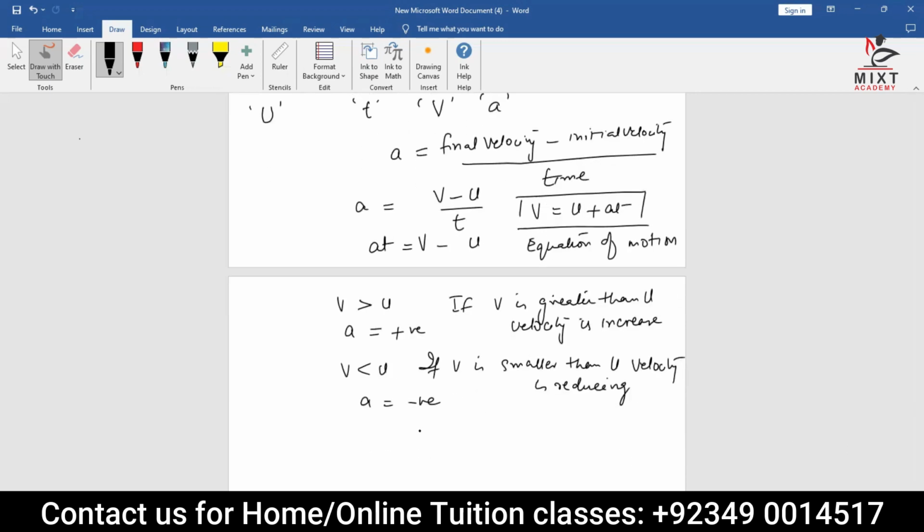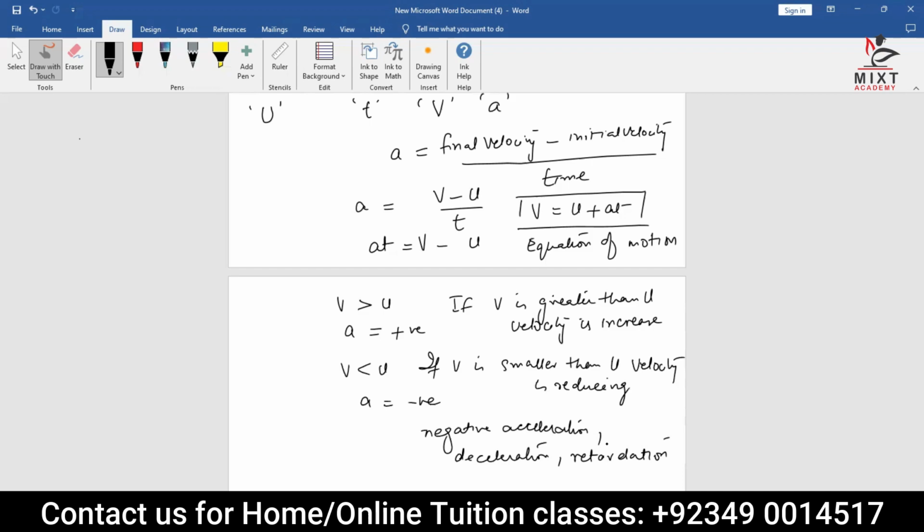Deceleration. So there are two, three names for it. One is called negative acceleration, one is called deceleration, and another is called retardation.